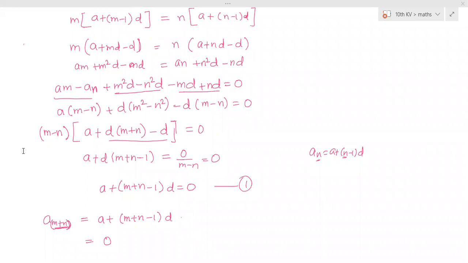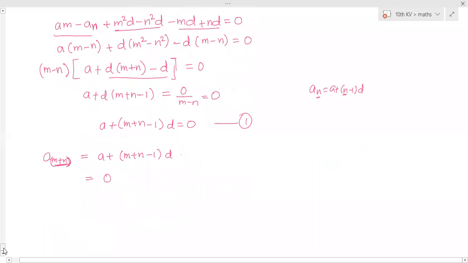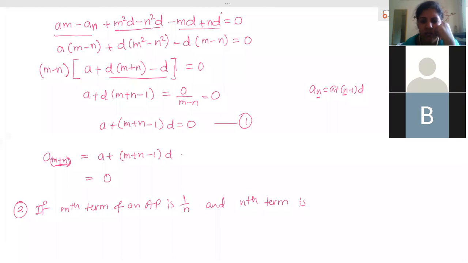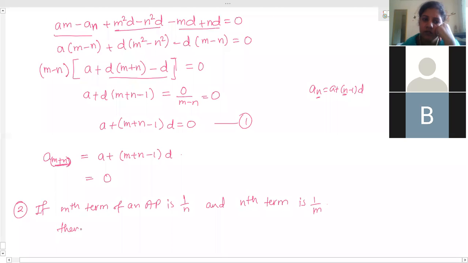Then the next question. If the mth term of an AP is 1 by n and the nth term is 1 by m, then show that the mnth term is 1.